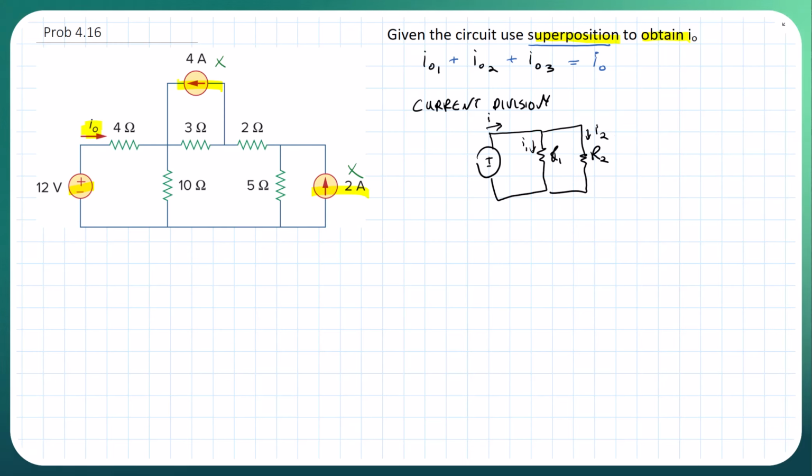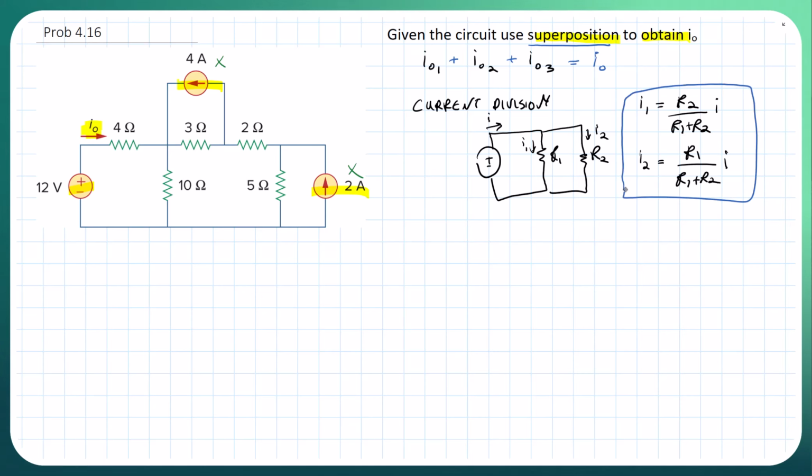Current division says I can find I1 by taking R2 over the sum of R1 plus R2, times the source current I. The same thing for I2, except now we take R1 over R1 plus R2, times I. Keep that in mind, because we'll be using this a couple of times in this problem.